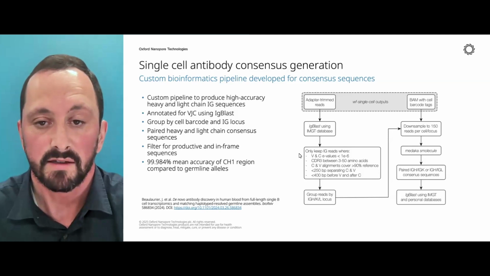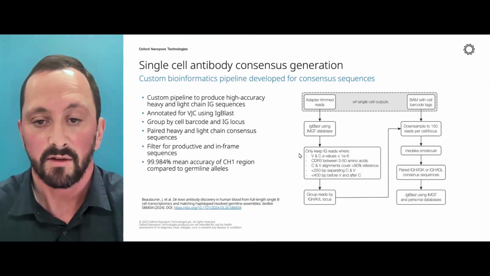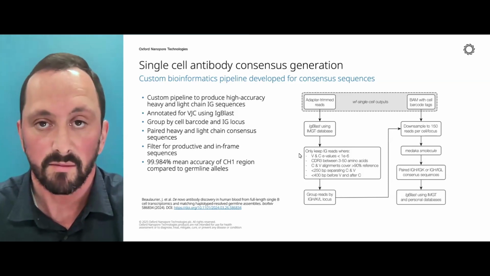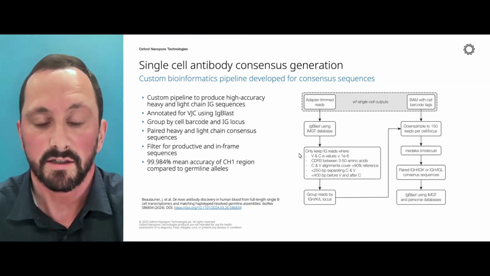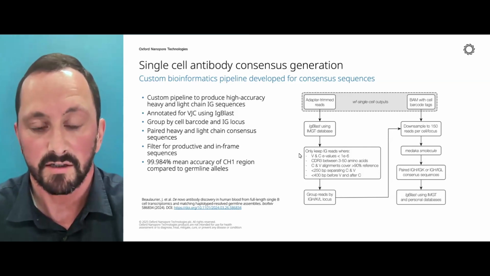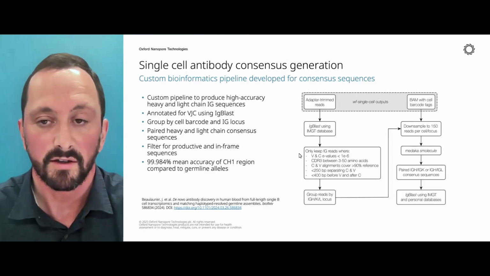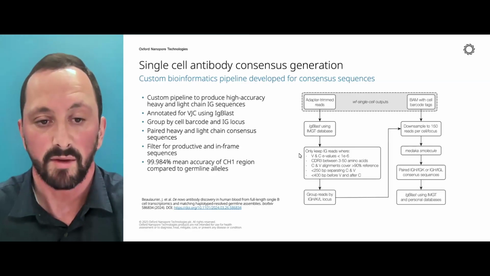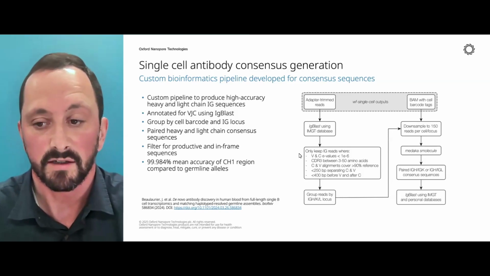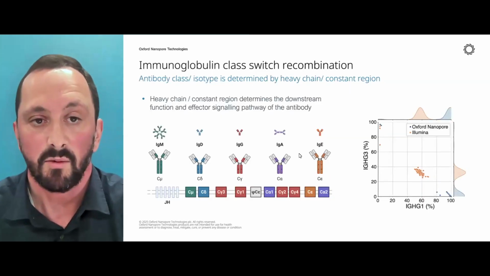And essentially it's taking out all of the immunoglobulin, so heavy and light chain reads, it's grouping them, and then it's polishing them with Medaka to generate a consensus sequence. And then we're pairing the Ig heavy and Ig light chain sequences together per cell. So you get a single cell antibody consensus sequence that you can then use for downstream annotation using IgBLAST, for example. So why do you want to do this?